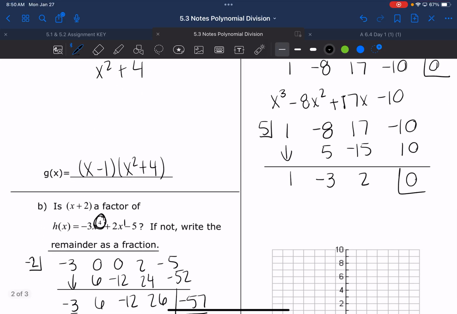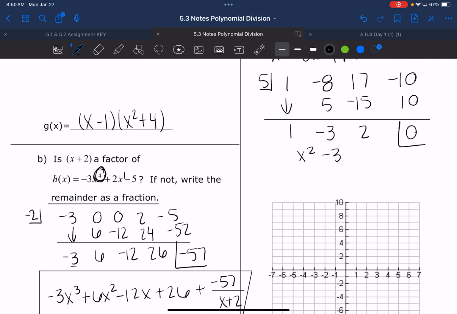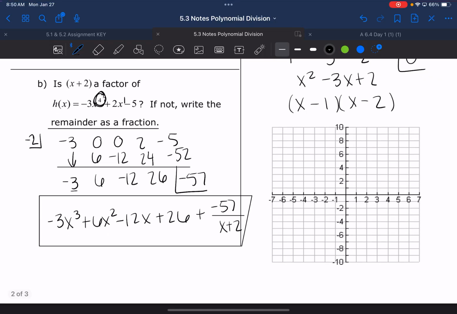So this is 1 degree below what we started with. So now x squared minus 3x plus 2, right? And what will that factor into? Okay, so we have now found all of the factors.